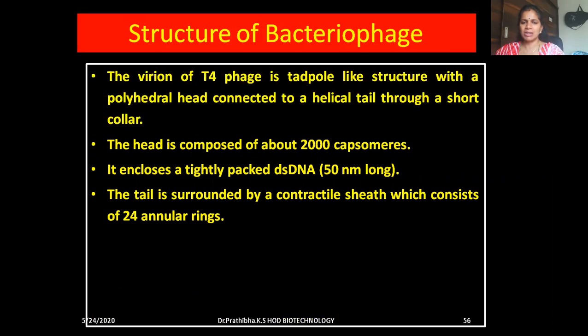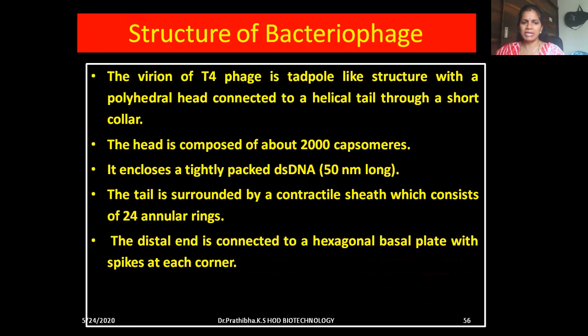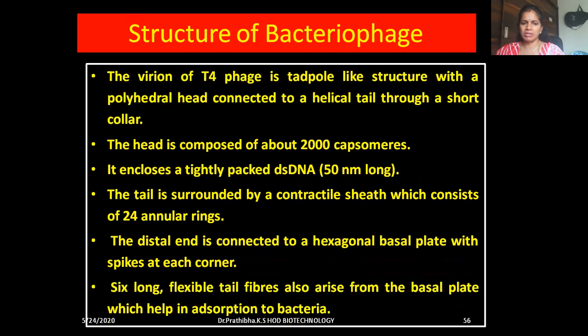The tail is surrounded by a contractile sheath which consists of 24 annular rings. The distal end is connected to a hexagonal basal plate with spikes at each corner. Six long flexible tail fibers also arise from the basal plate, which help in adsorption to bacteria.